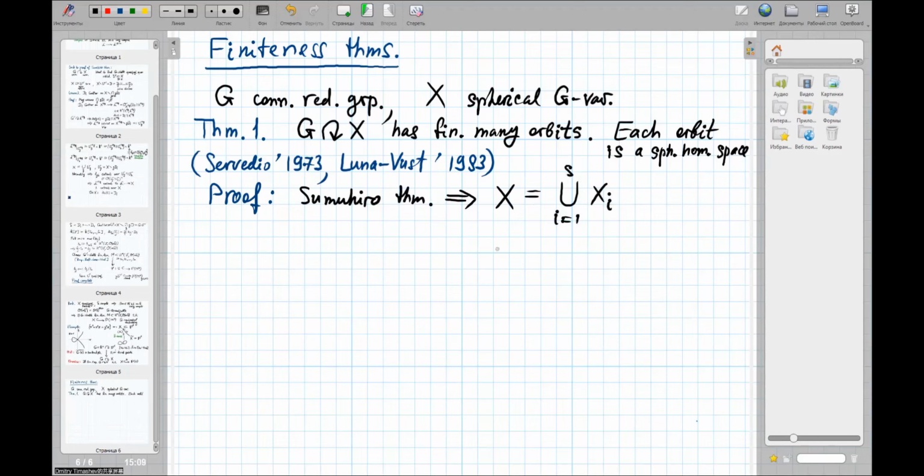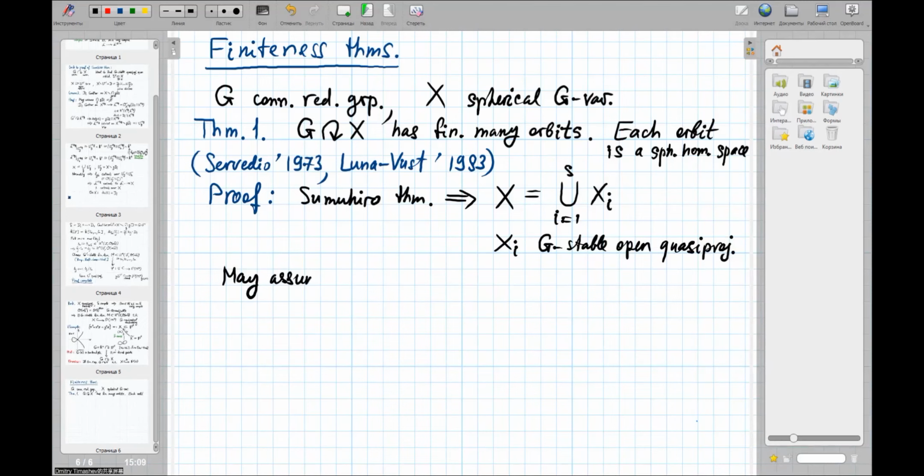So these Xi's are G-stable, open, and quasi-projective. This is just by Sumihiro's theorem. It suffices to prove that G has finitely many orbits on each of these Xi's. In other words, we may assume that X itself is quasi-projective.